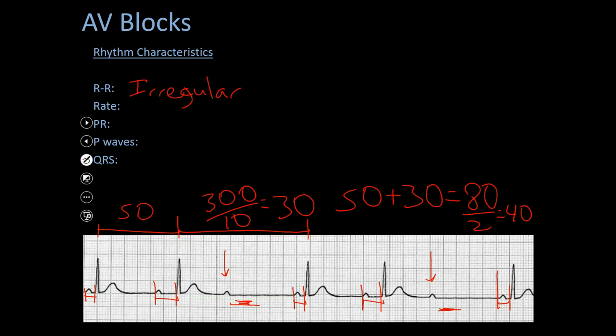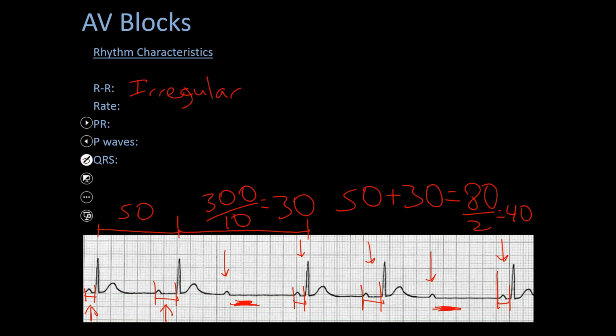So you can see how that PR is getting longer and longer until that impulse to the AV node is completely blocked, and then the process starts all over again here. And then it gets longer, and then it gets completely blocked again. And then the process starts over again.